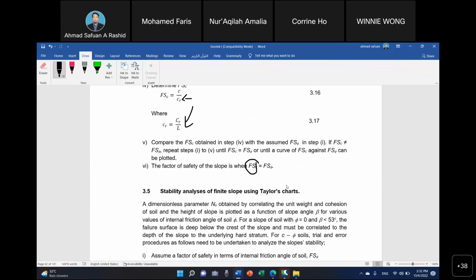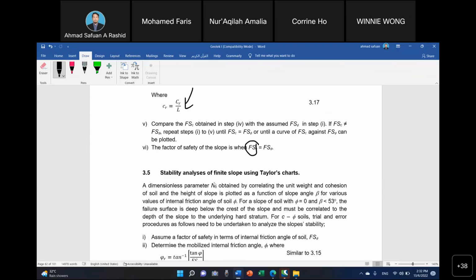Then we move to the Taylor chart. A dimensionless parameter we call the stability number is obtained by correlating the unit weight and cohesion of the soil and the height of the slope. It is plotted as a function of the slope angle beta for various values of internal friction angle of the soil.